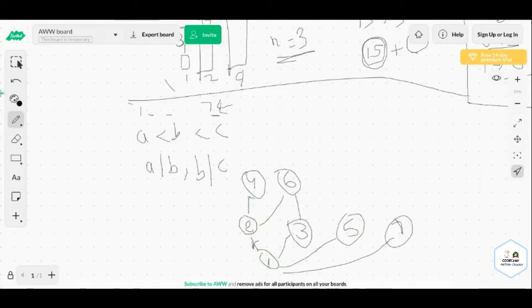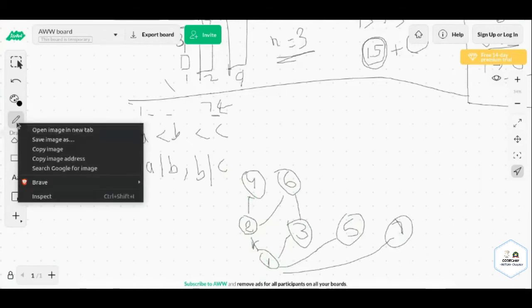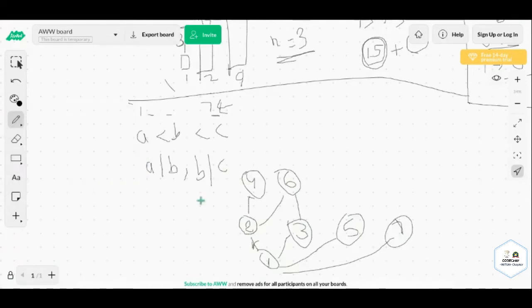Now you can see that we require exactly three numbers. So here 1, 2, 4. This is a possible partition: a is 1, b is 2, and c is 4, where a divides b and b divides c. Another is 1, 2, 6.